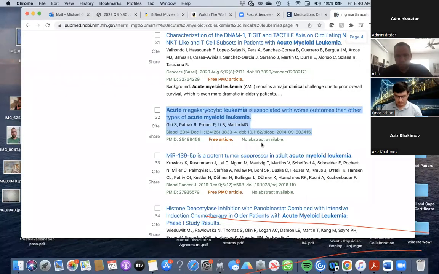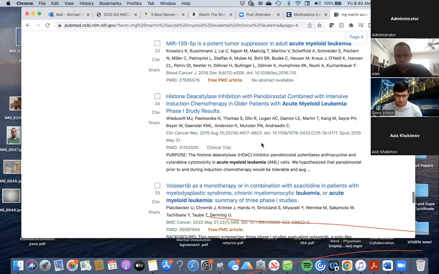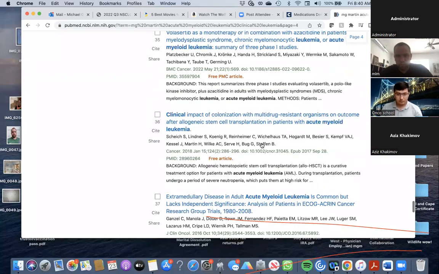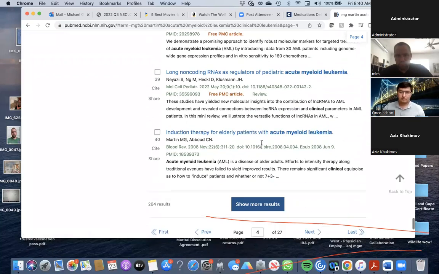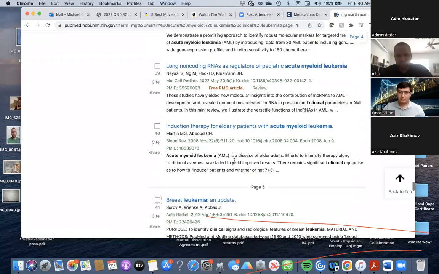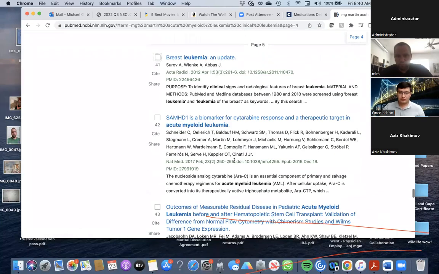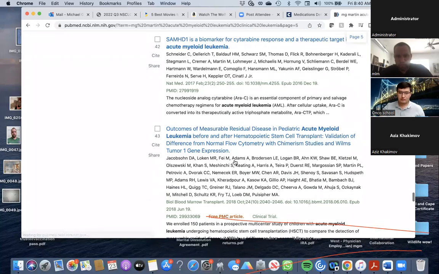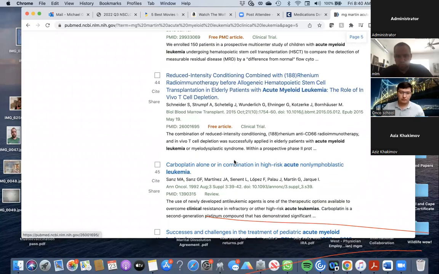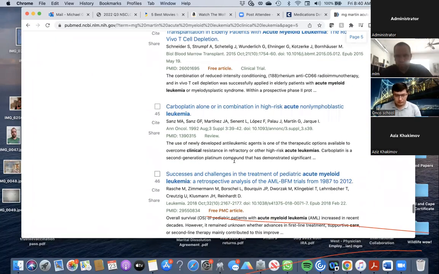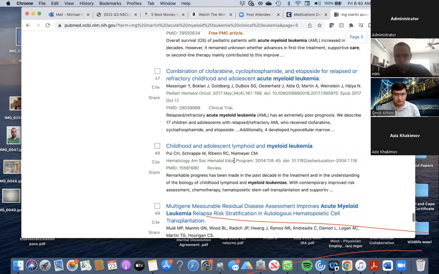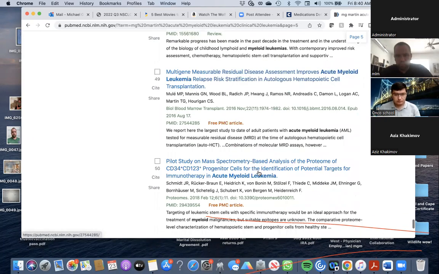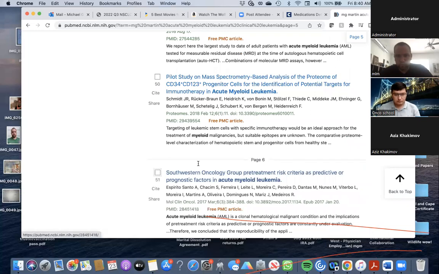In the beginning, what you're trying to do with AML is keep people from dying, because they will quickly die either from bleeding or from infection. These are just some papers showing how to manage people in the short term to keep them from dying before you actually get them fully treated.